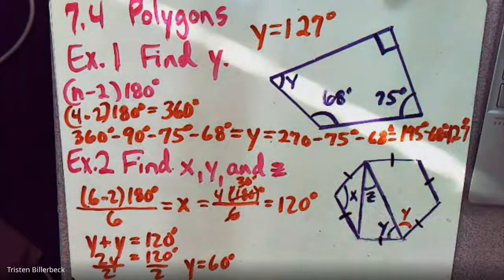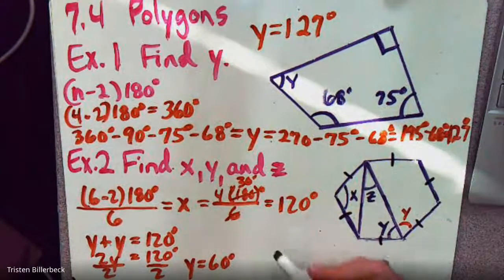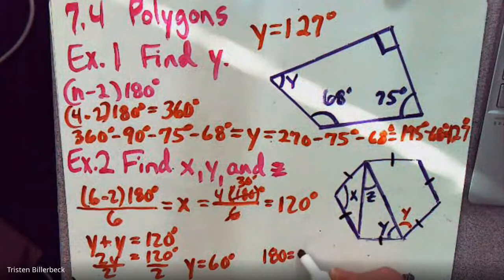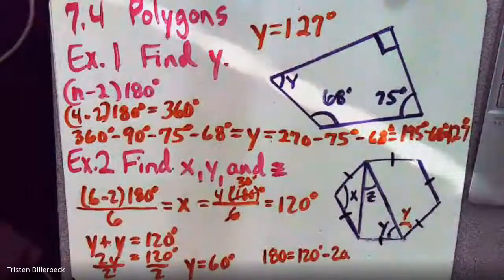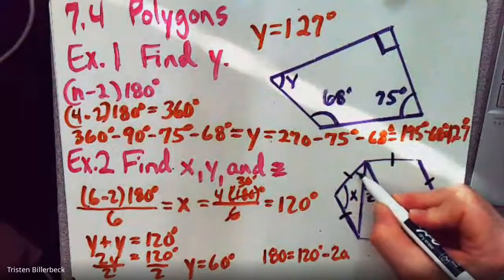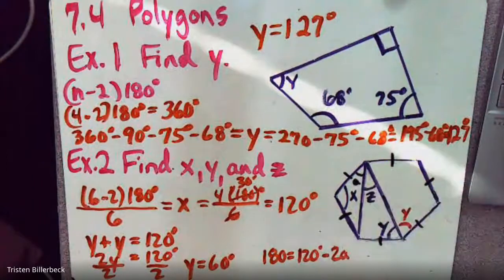So we have 180 equals the 120, which is x, minus 2a. We don't know what these mysterious angles are, but we're going to call them a. So we'll call that angle a right there.